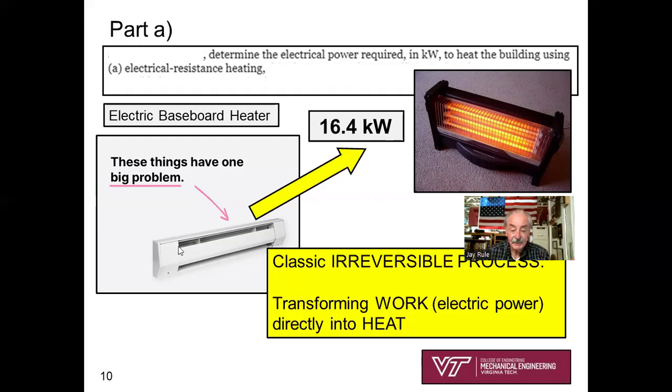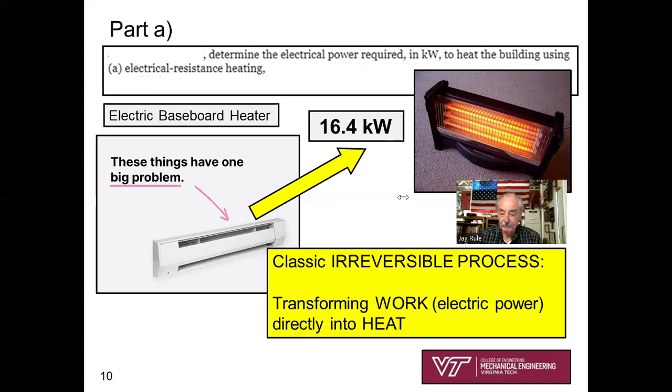All you've got to do is go to Lowe's and buy yourself either an electric space heater or electric baseboard heat, plug it into the wall and turn it on, and boom, you're heating your house. These things have one big problem, and that is that an electric resistance heater is a classic irreversible process.